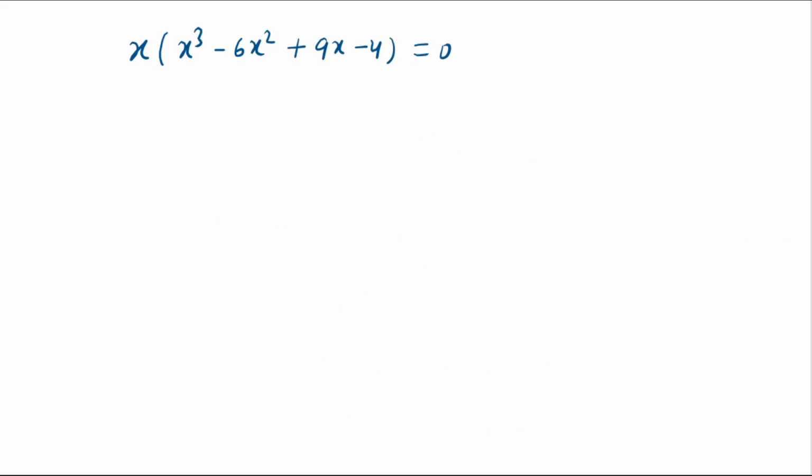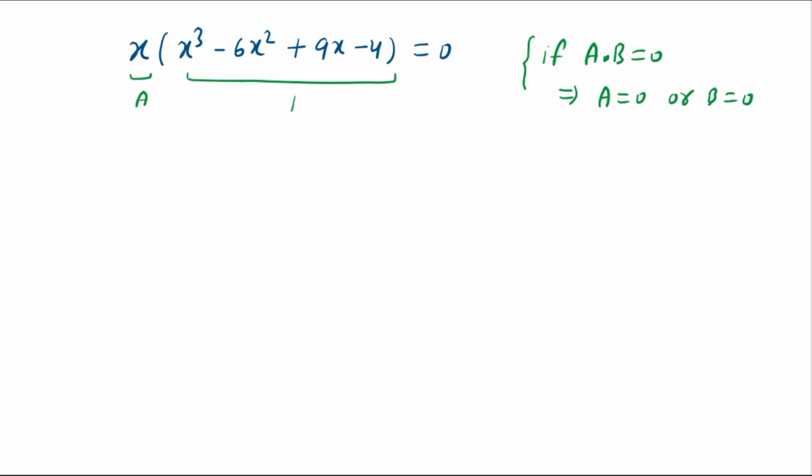Here we apply this rule: if a times b is equal to 0, this implies a is equal to 0 or b is equal to 0. Applying this rule, this expression is a and this expression is b.